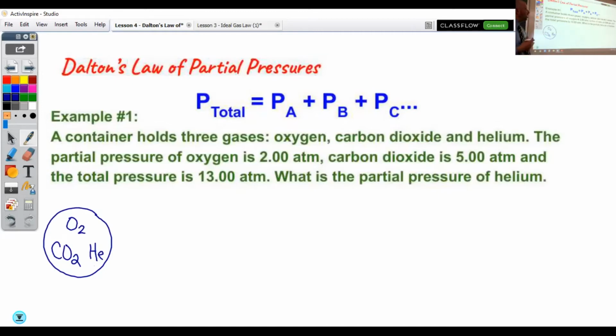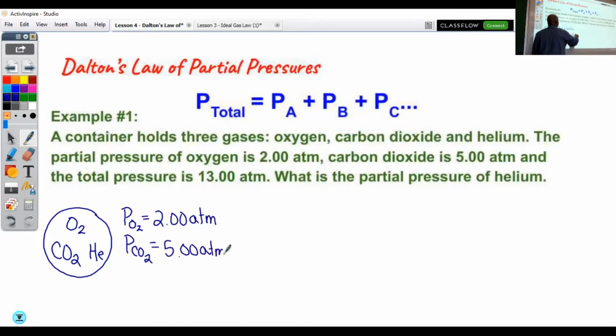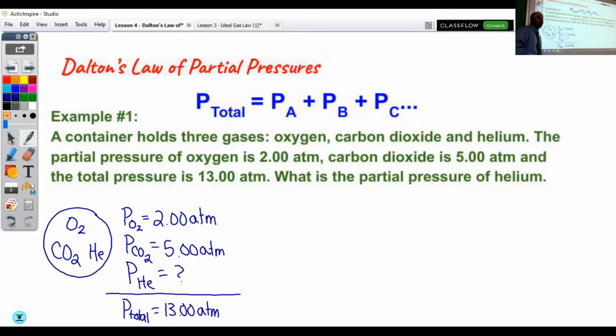The partial pressure of oxygen, we are told, is 2.00 atm. So partial pressure of oxygen equals 2.00 atm. The partial pressure of carbon dioxide is equal to 5.00 atm. And we're told that the total pressure, or P total, is equal to 13.00 atm. That leaves one gas, helium, as our unknown.